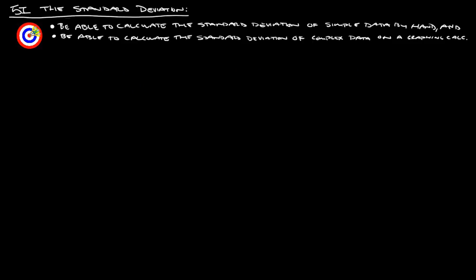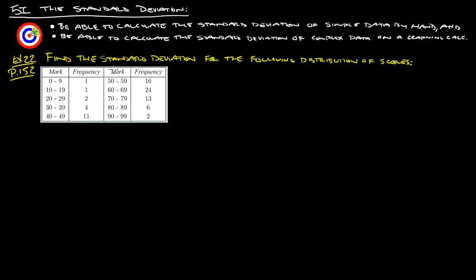Alright, let's try one more with a little bit different type of question, and away we go. We're going to find the standard deviation again. The only thing different here is that instead of actual scores, we have this frequency distribution.